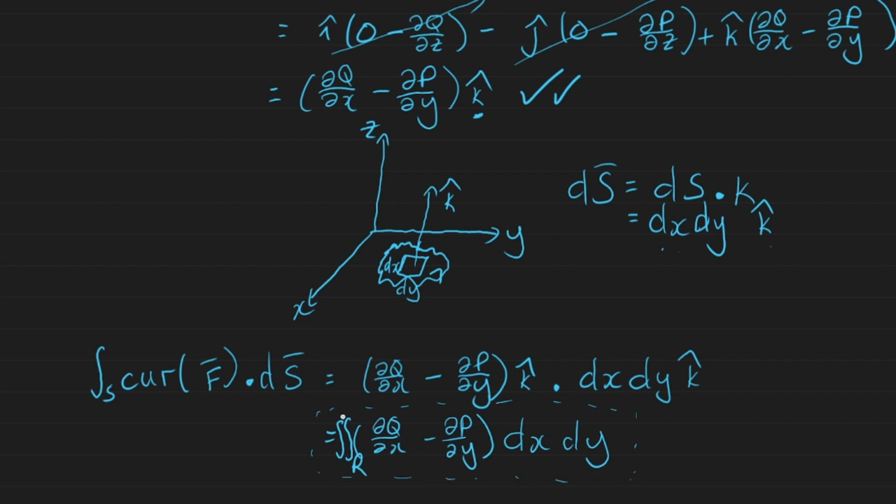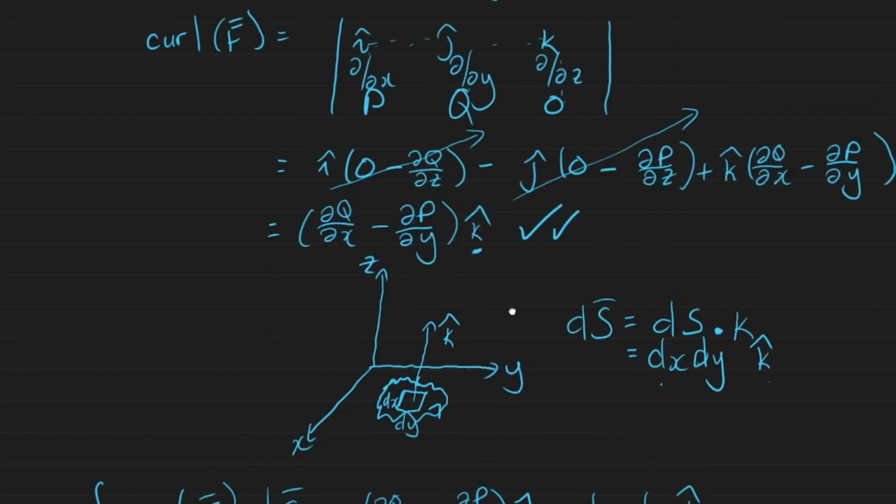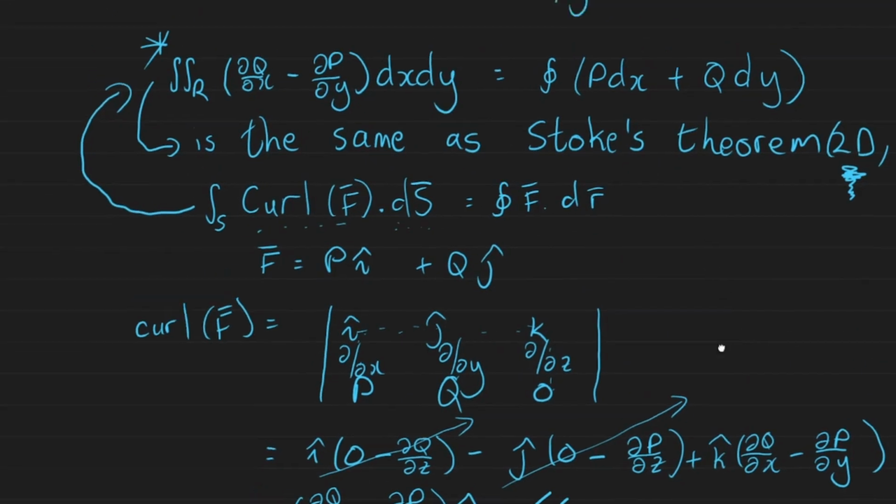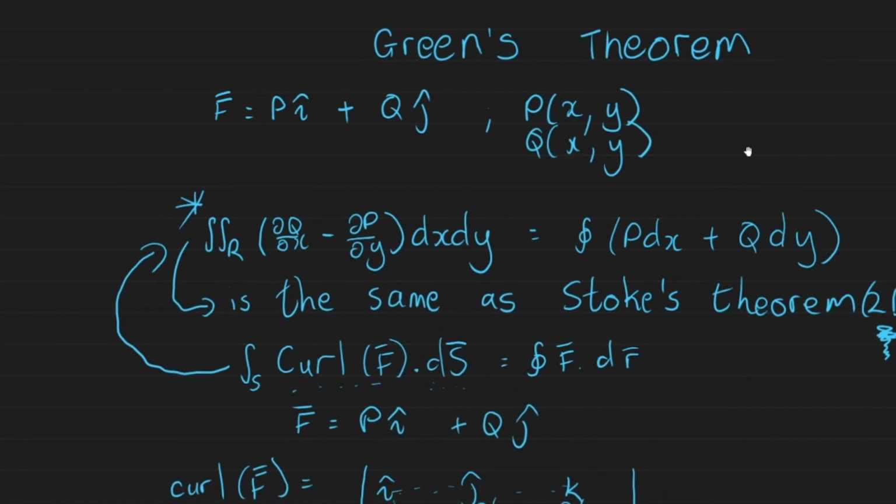So our result says that we're taking the double integral across some region of dQ/dx minus dP/dy in the xy plane. If we go back up to what we had written, which was Green's theorem, we have now shown that the left-hand side of Stokes' theorem is the same as the left-hand side of Green's theorem. So we can just do that for the right-hand side as well.